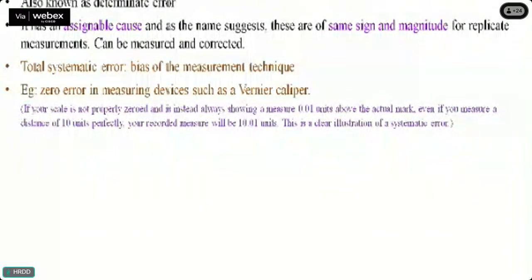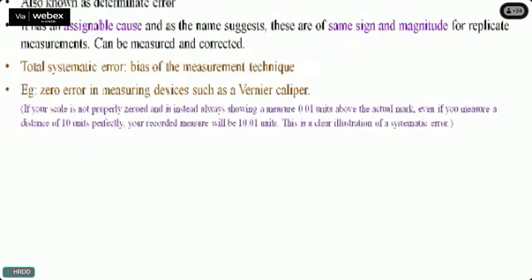Systematic measurement error, this term we had used in the definition of bias, error, accuracy, precision, when we were discussing all those things. For example, if you are doing a weight measurement using a balance where there is already a null reading, you always get a larger reading than the actual value.